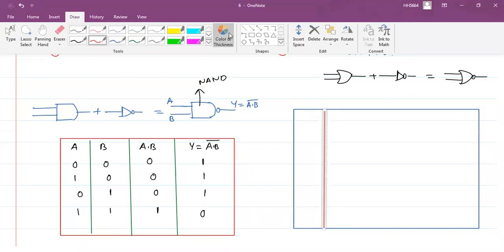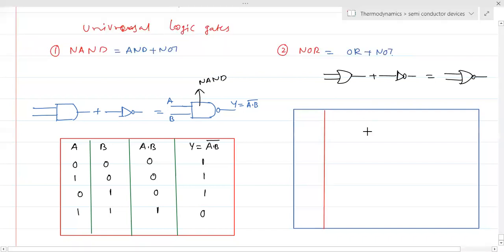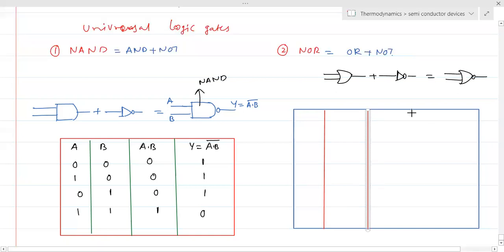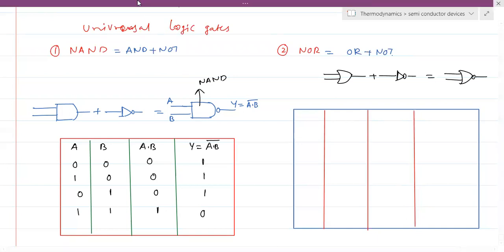This is A and this is B. So now we are going to see this.